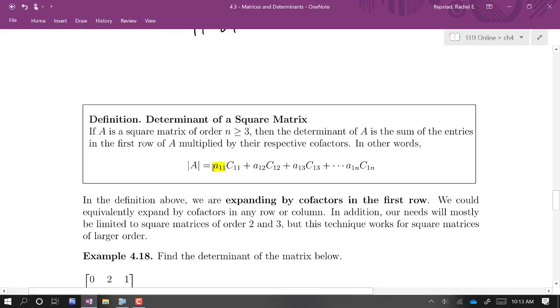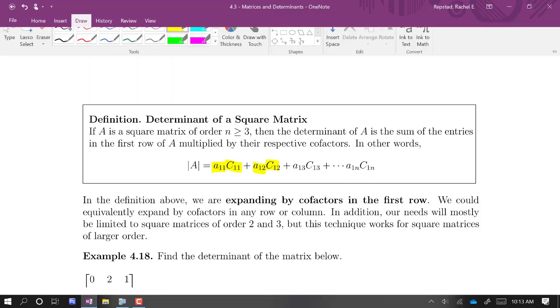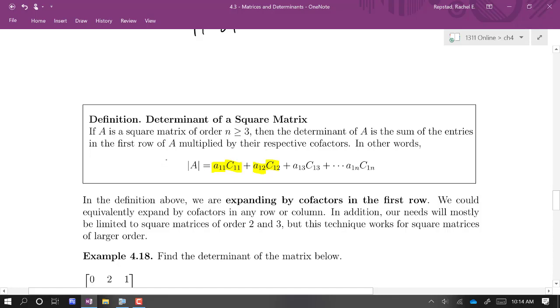So I take each entry of that first row times its cofactor, and then I add them all up. That's what this says. In this definition, we're expanding on the first row, but you can expand on any row or any column that you want. And that's important. There are going to be easier choices we can make to find the determinant of a matrix.